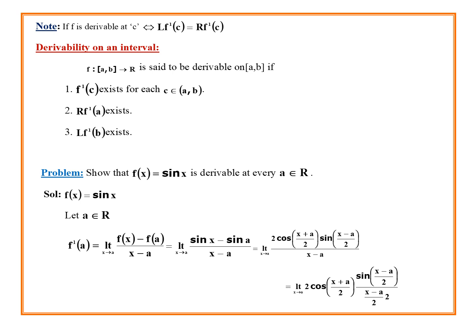So here apply the formula: limit x tends to a, 2 cos x plus a by 2 sin x minus a by 2 by x minus a. Limit x tends to a, 2 cos x plus a by 2 sin x minus a by 2 by x minus a by 2 into 2.